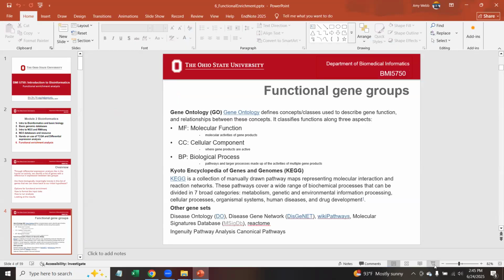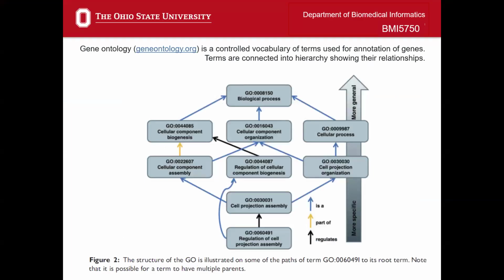Something that's important to know about gene ontology terms is they are connected into a hierarchy, so that there are broad terms. The broadest for this one is biological process. It's made up of subterms, so cellular component biogenesis is present completely in biological process. There is a specific end down here at the bottom, and it gets more general.